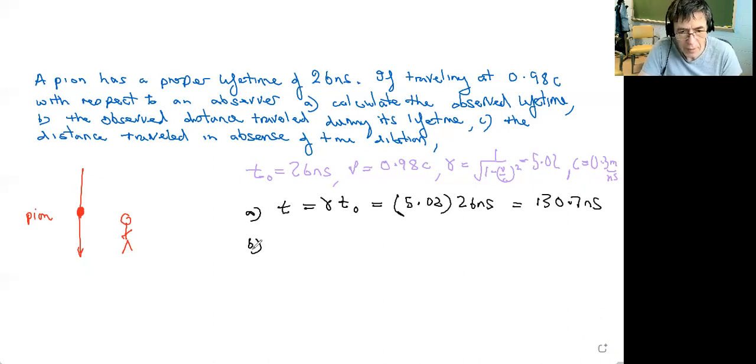Part B says, how far does the observer see this moving pion travel during that time? Well, to calculate that distance, I'll just call it L. We can just use the relationship between distance traveled, time taken, and speed of the moving particle.